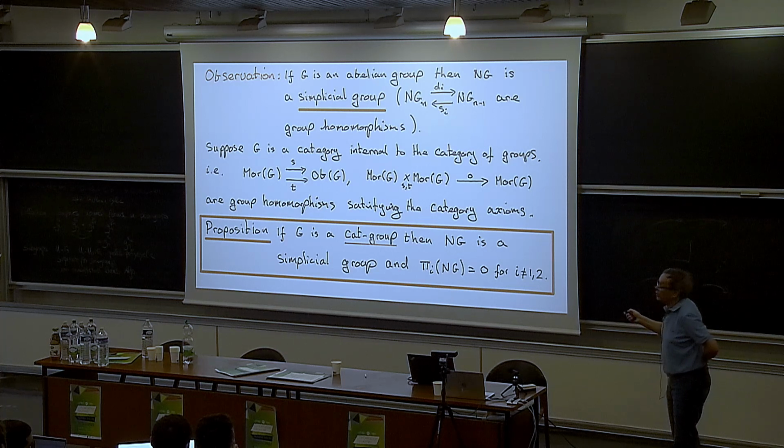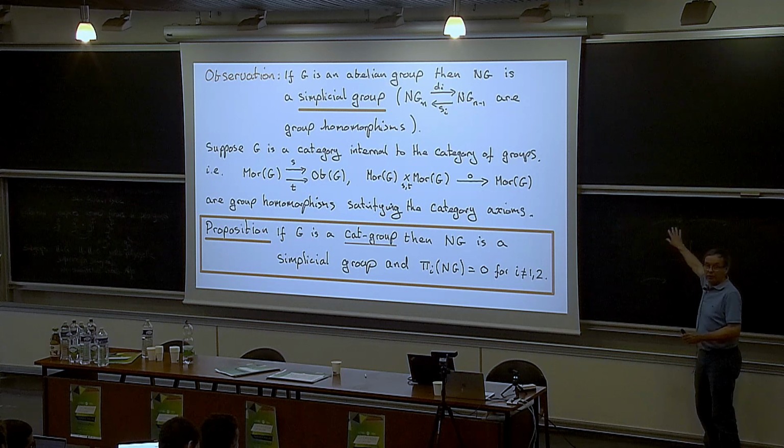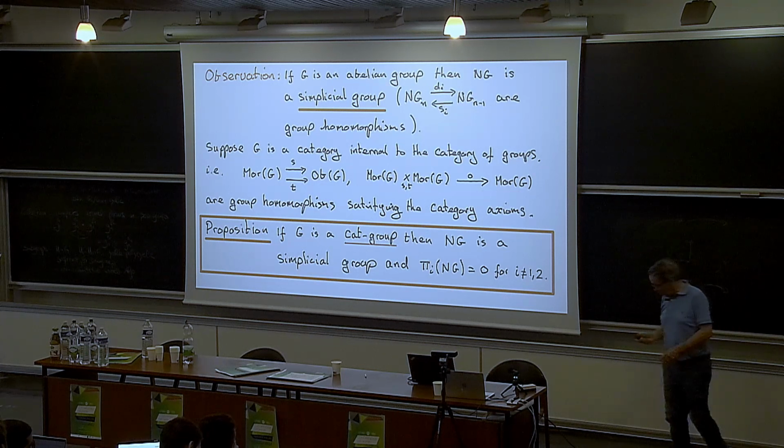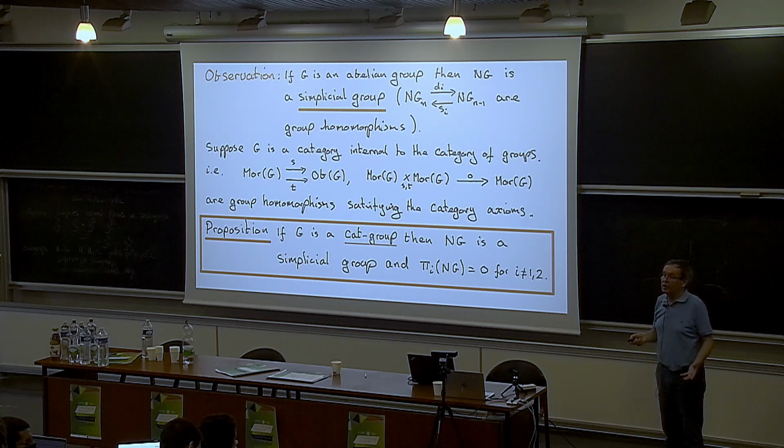So there's a category composition. There has to be a way of composing arrows, and the composition must actually be a group homomorphism. And that is the definition of a cat group.